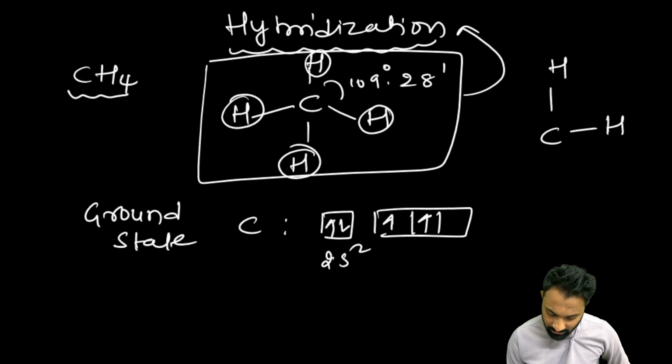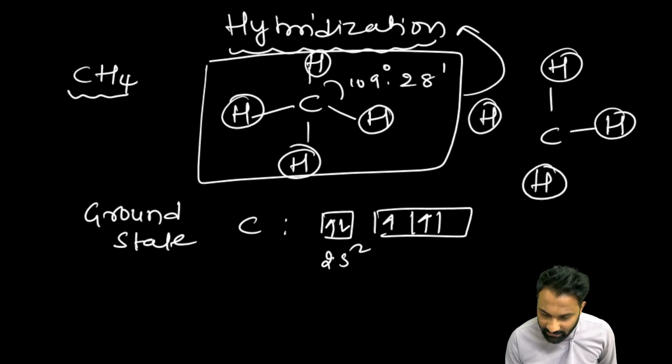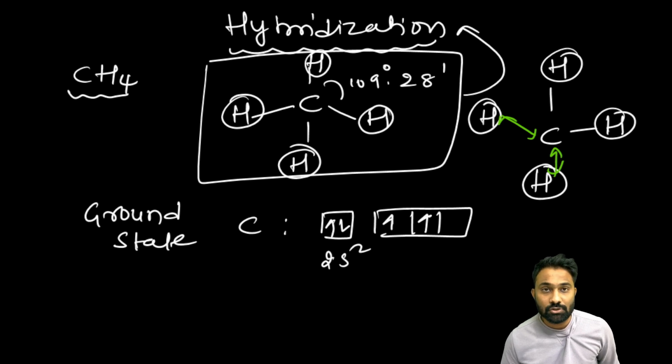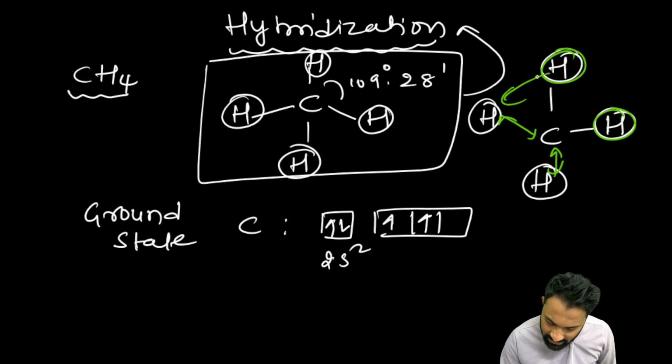But as per the VBT, carbon can form only two bonds. The remaining two unbonded hydrogens also want to attain bond formation with this carbon, so the bonded hydrogens will repel them.